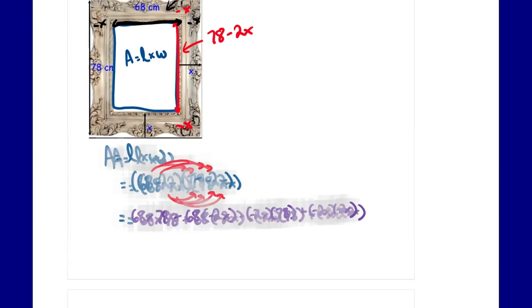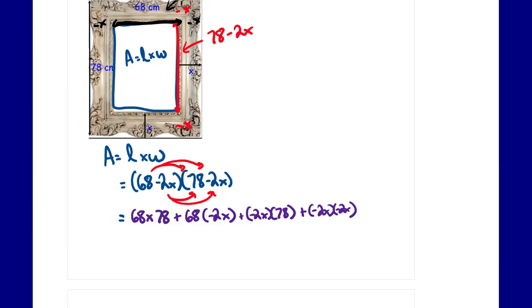You might not do this in-between step if you know what you're multiplying, and you might just go to this next part. 68 times 78 is 5,304. 68 times negative 2x is negative 136x.